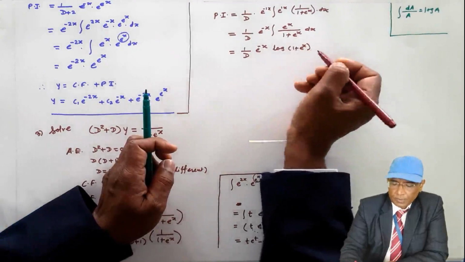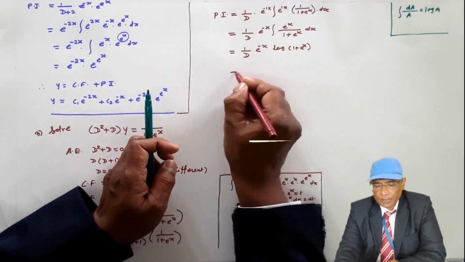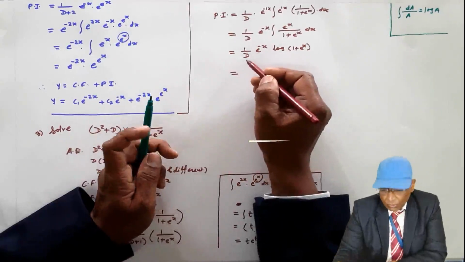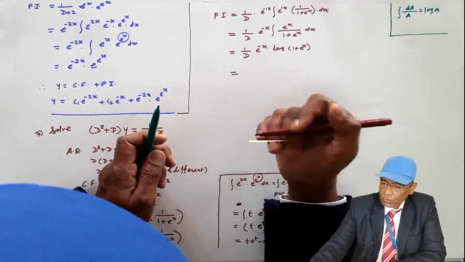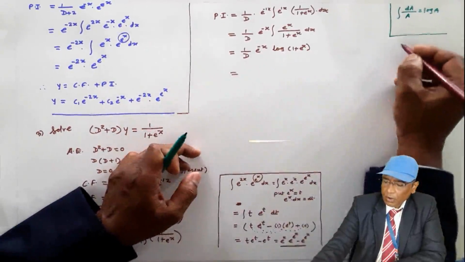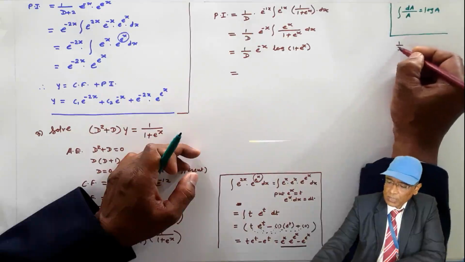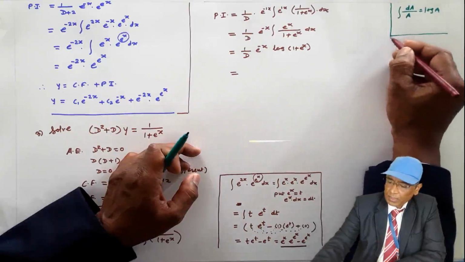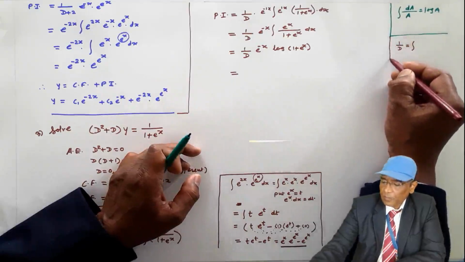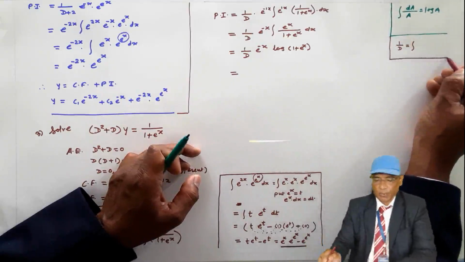Okay. Now 1 by D I have to operate. So use the 1 by D plus a formula, or you can directly write that 1 by D is integration with respect to x. D is derivative with respect to x, and 1 by D is integration with respect to x.